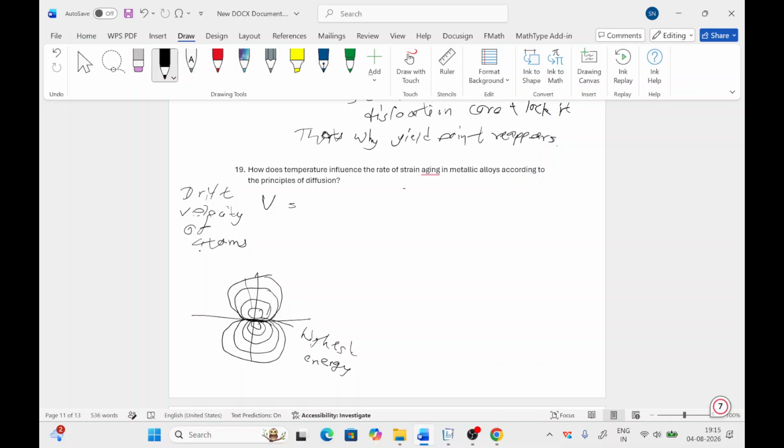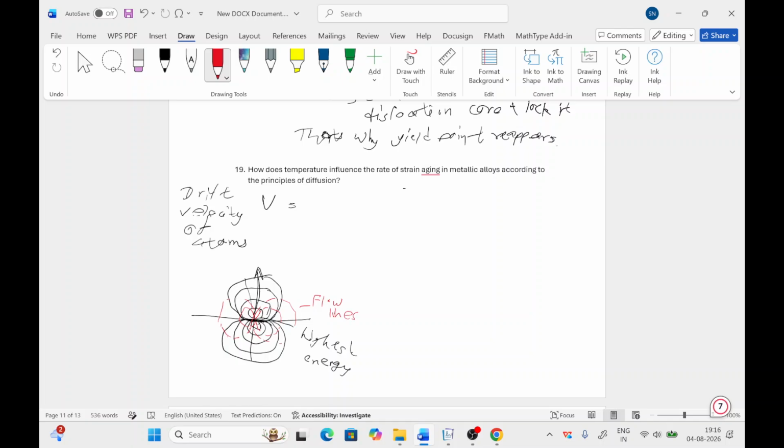Because of this energy difference, an energy gradient is present around the dislocation core. Because of this energy gradient, some type of force is created around the dislocation. The force lines will be these red curves. So these are the flow lines.